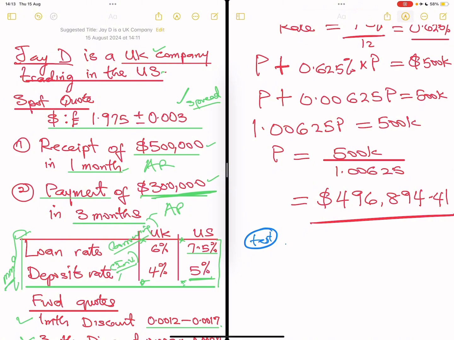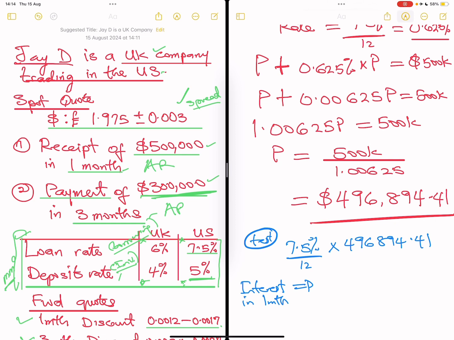So if you borrow this amount at 7.5% per annum, in 1 month we'll pay 7.5% divided by 12 interest, multiplied by 496,894.41. So our interest for 1 month will be equal to 7.5 divided by 12 divided by 100 times that amount.